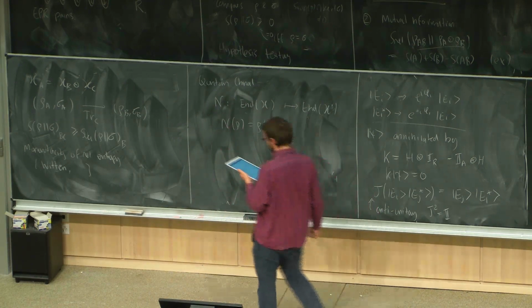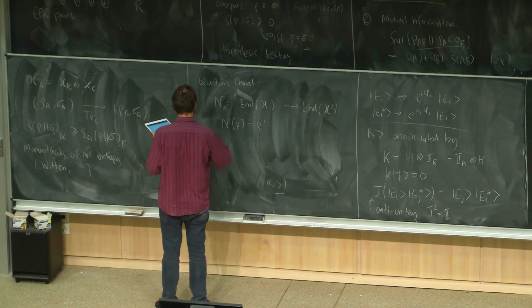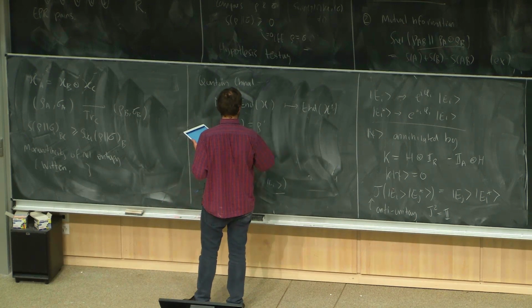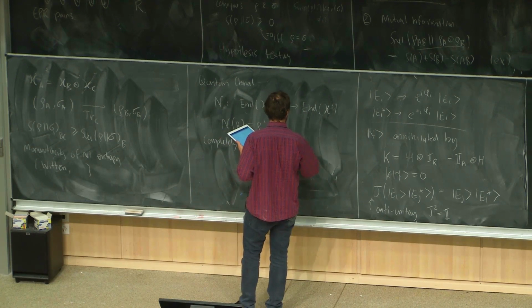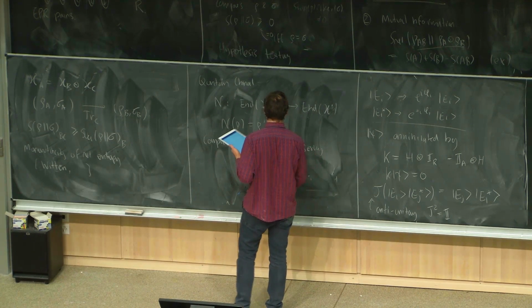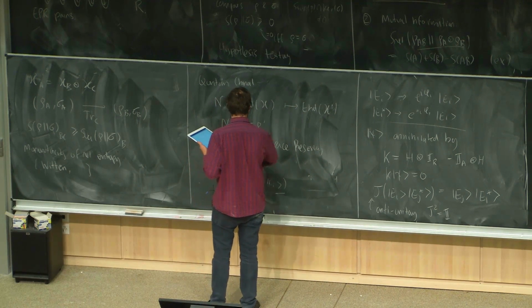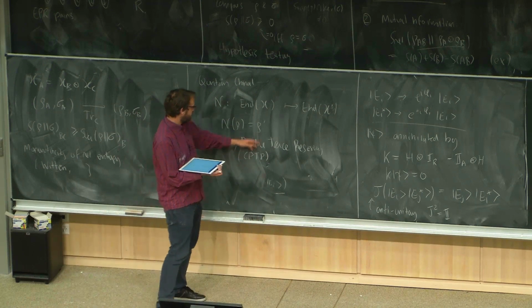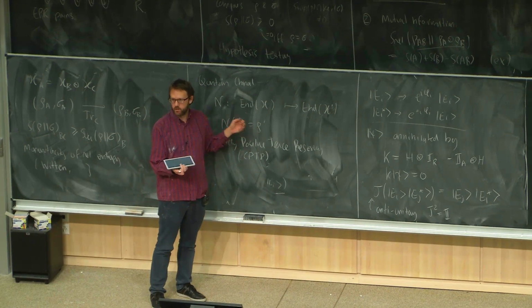And the most general thing you can do, which makes sense physically, is called a completely positive trace preserving map, CPTP. Positive is just a statement that it has to take a matrix to another matrix which is positive.